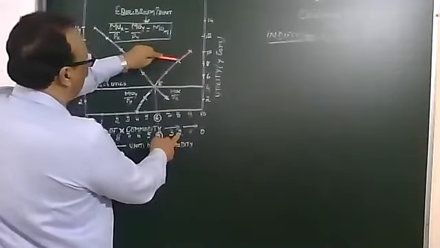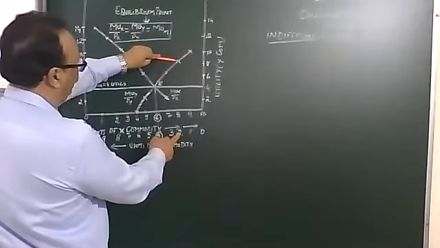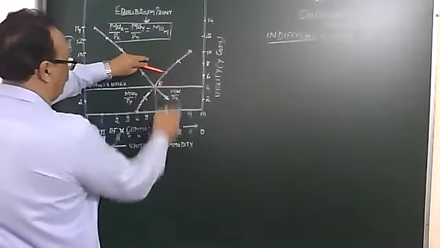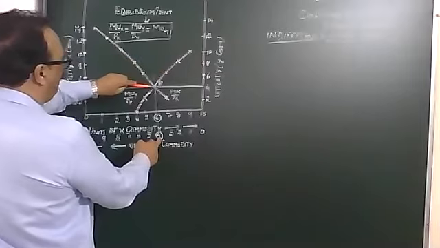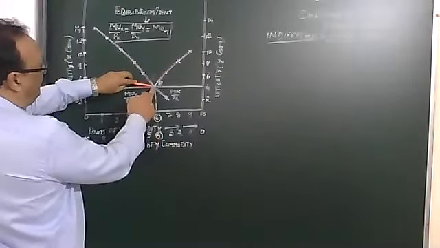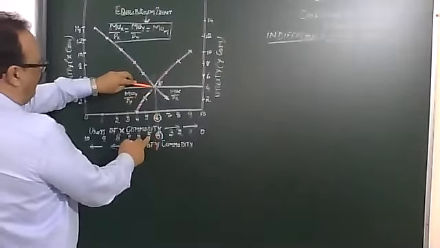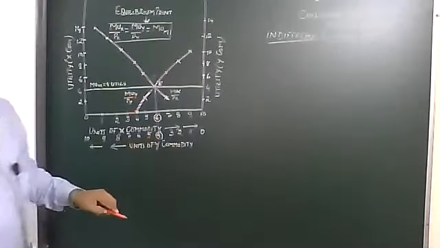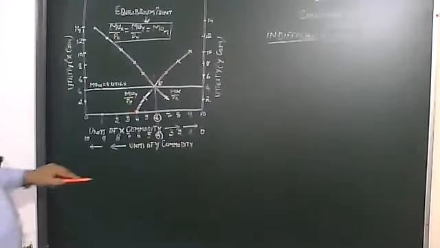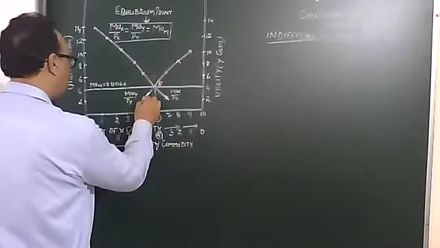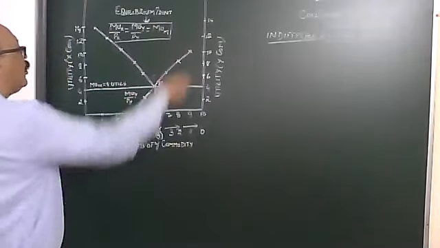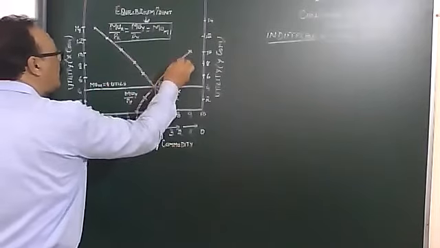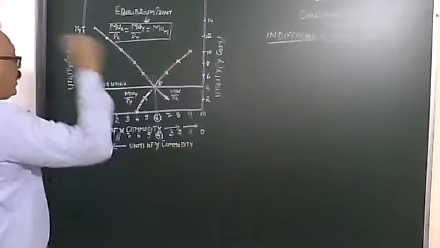Similarly, 2 is 8, 3 is 6, 4 again is 4, okay, 5 is, what was 5? 5 was 2, here 2, 6 was 0. Join all these dots with a scale, you will get a straight line.